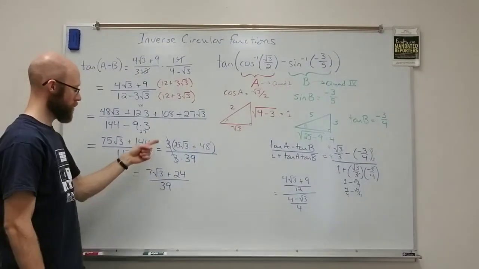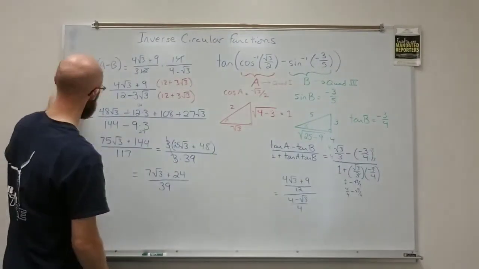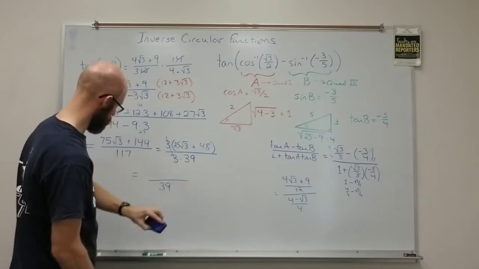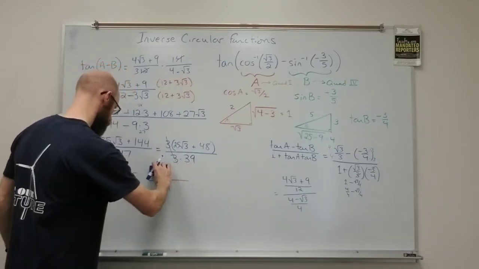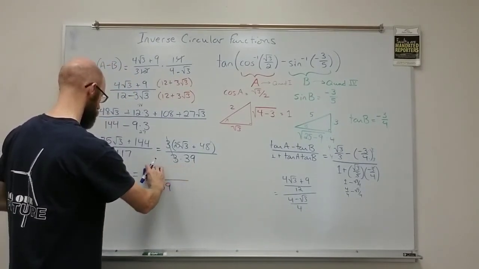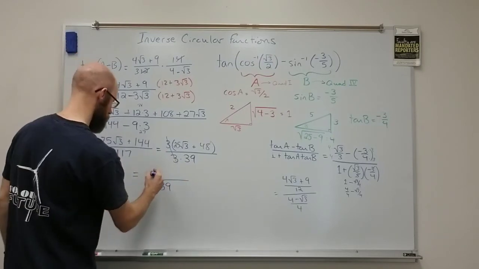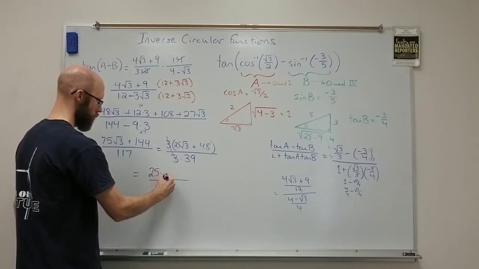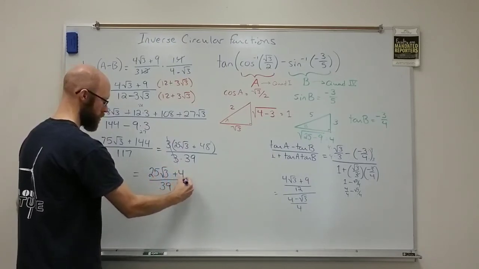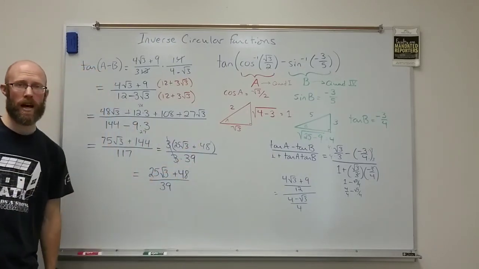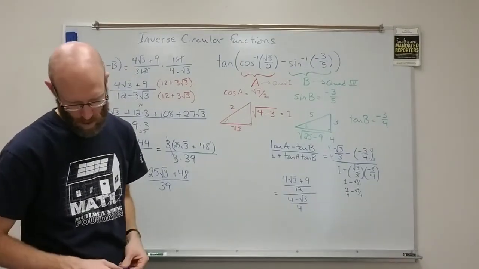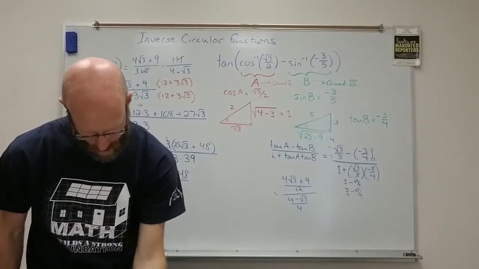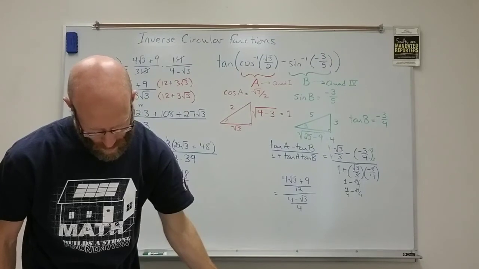Okay. So then you cancel those out, and the final answer will change now to the correct answer, which is (25√3 + 48)/39. That's the answer I see in the book. Yes.